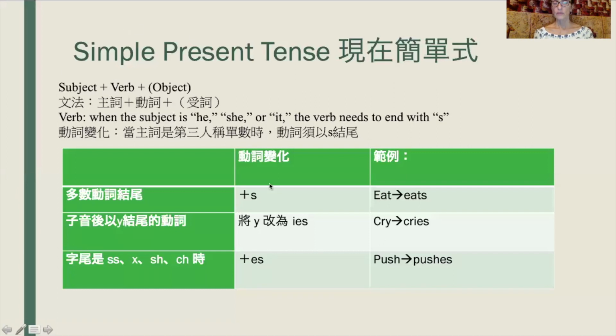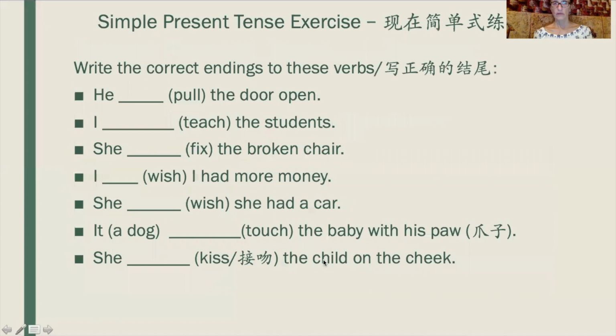The only reason we're talking about this is because when the subject, the 主词, is he, she, or it, the verb has to end in S. And this is how we get there. So let's do an exercise. Let me move my picture again. There we go, get it out of the way. Doing a simple present tense exercise.